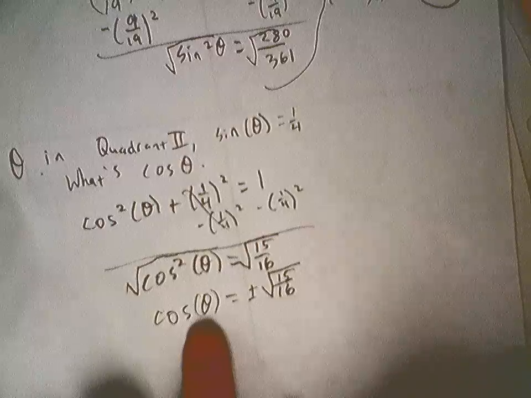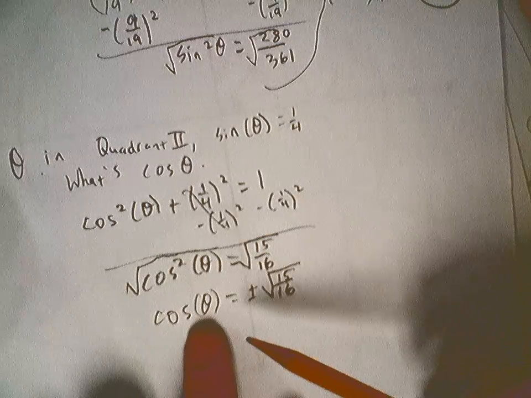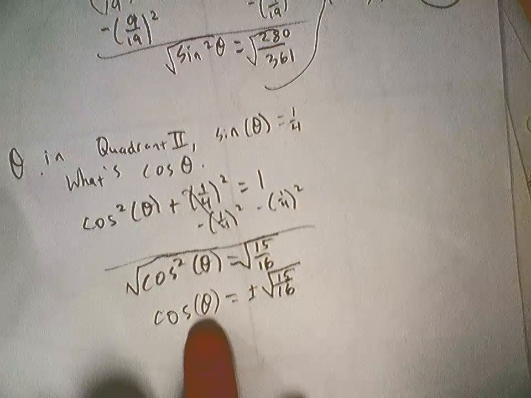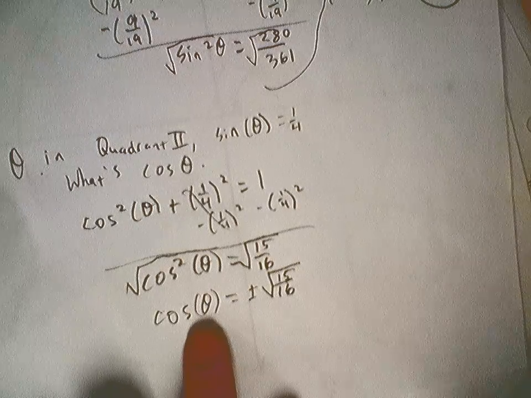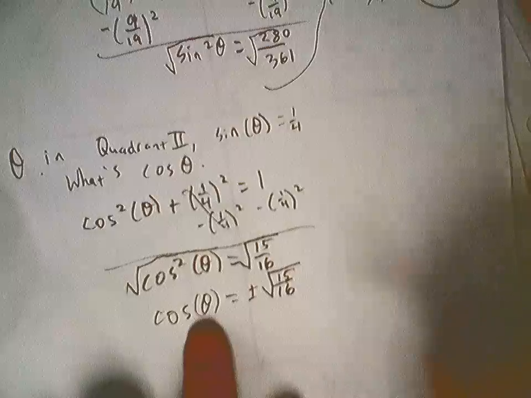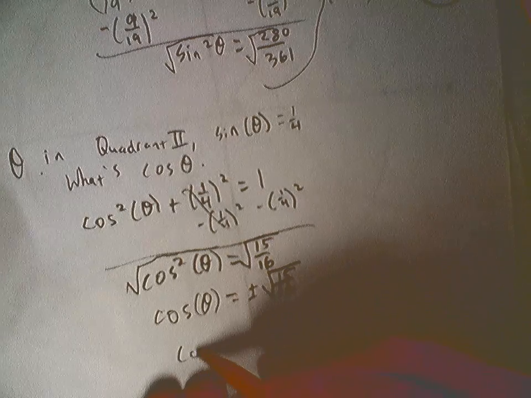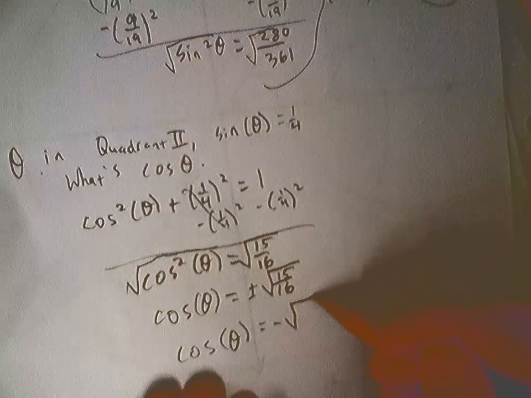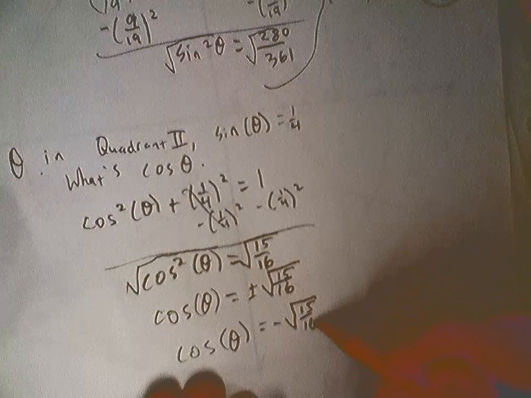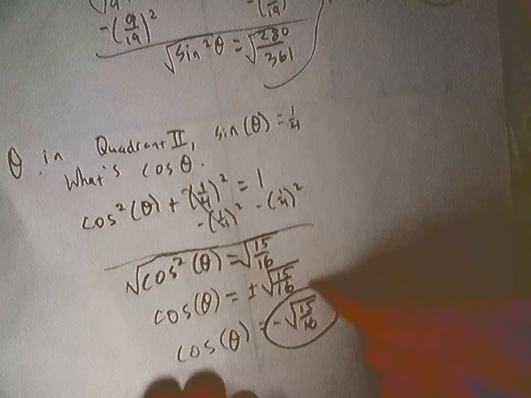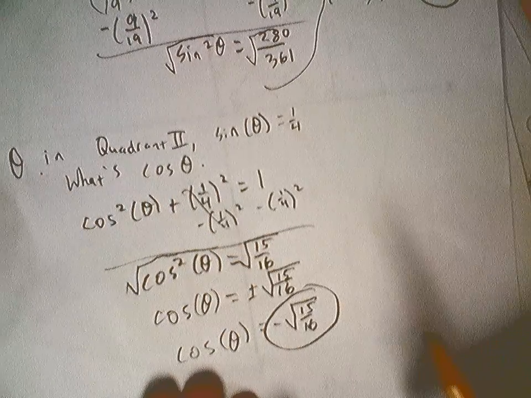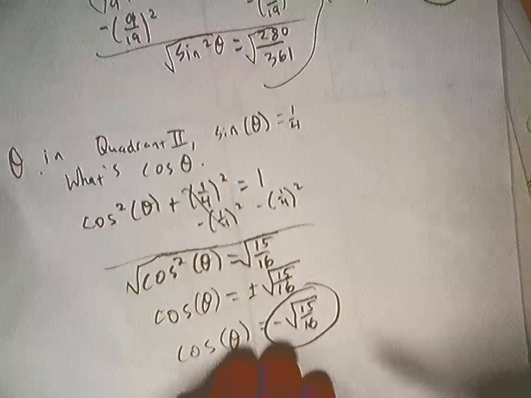Particularly in quadrant 2, every x value, and therefore every cosine value, is going to be negative. So our answer for this one is going to be negative square root of 15 over 16, because we're dealing with quadrant 2. Cosine values over there have to be negative.